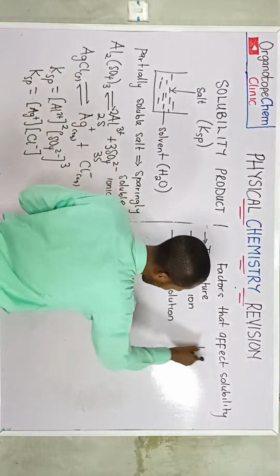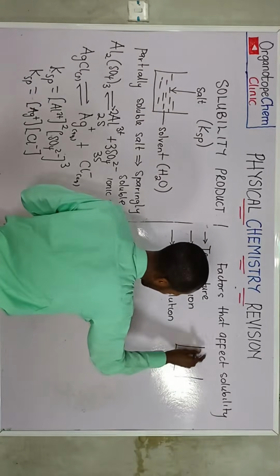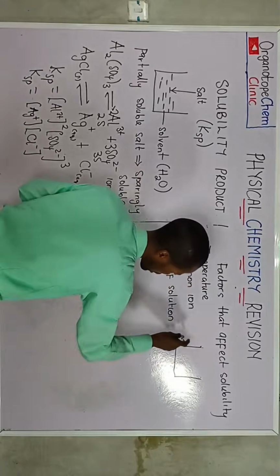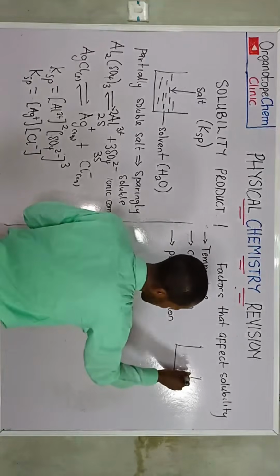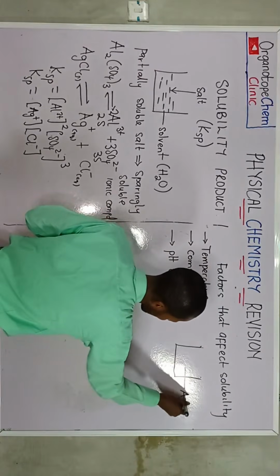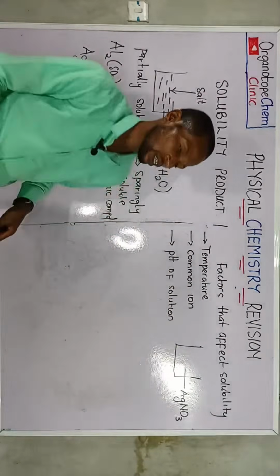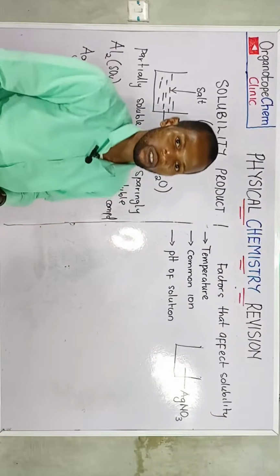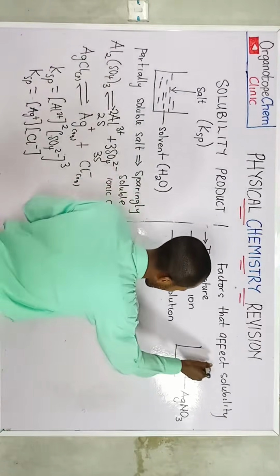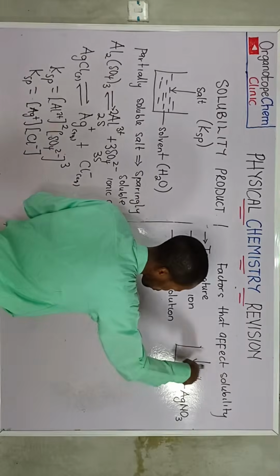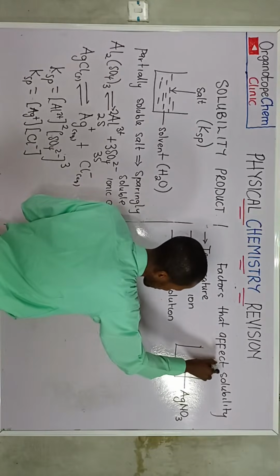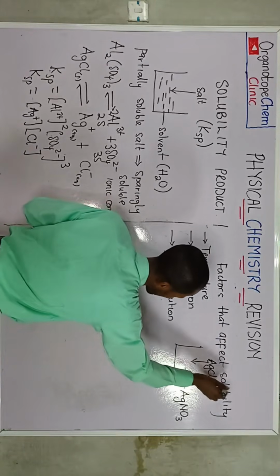Now, what is common ion? We have to consider these effects when you're talking about common ion. Let's say, for instance, we have silver nitrate as the solvent, and the sparingly soluble salt that is being introduced into the solvent is silver chloride.